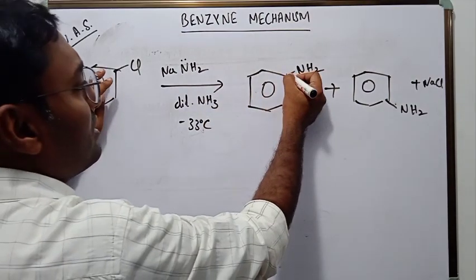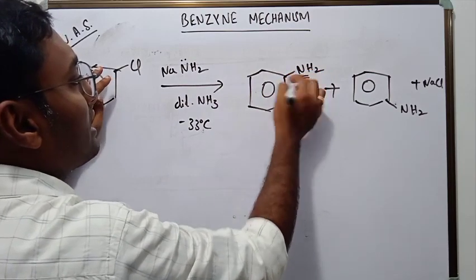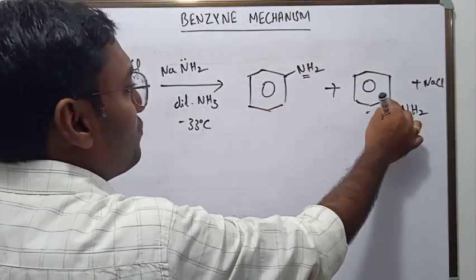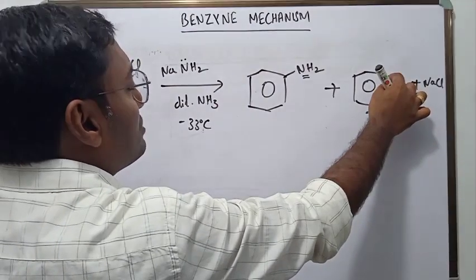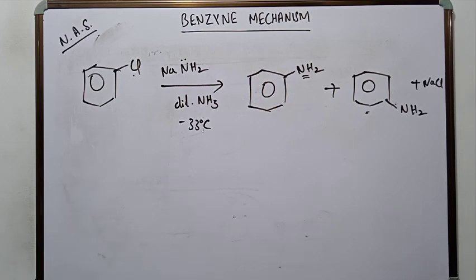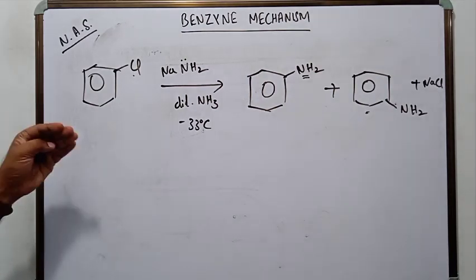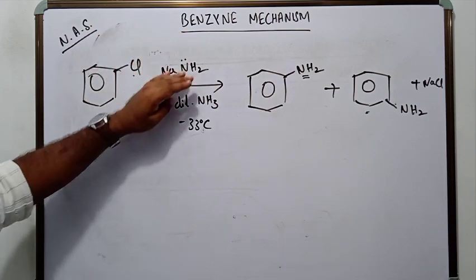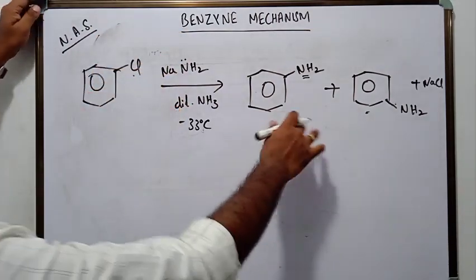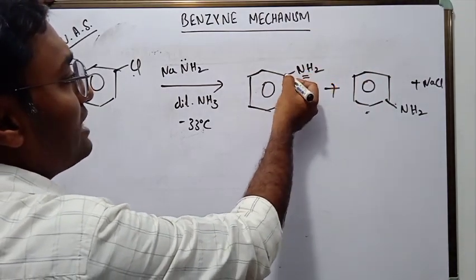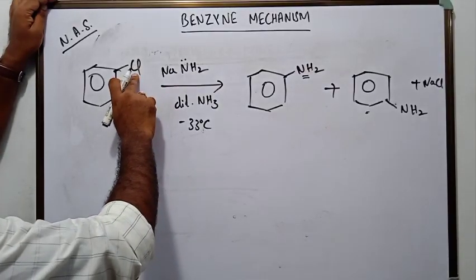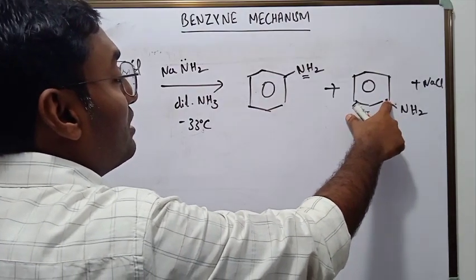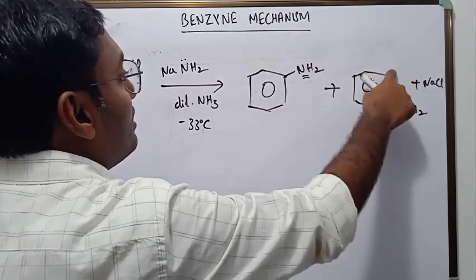In the first product, the nucleophile is attached to the carbon which was earlier attached to the leaving group, and in the second product the nucleophile is attached to the carbon adjacent to the carbon which was linked to the leaving group.